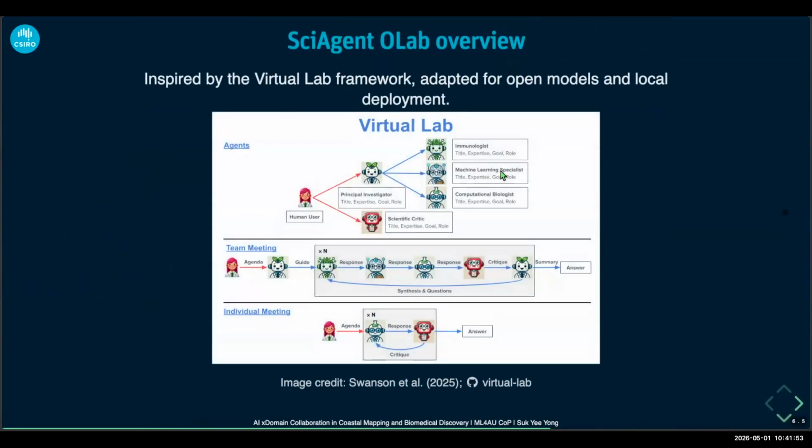For each agent here, for example, the machine learning specialist, it could call a tool, for example, to retrieve the literature from some machine learning journal. And so each of them is, you could think of it as an individual agent.